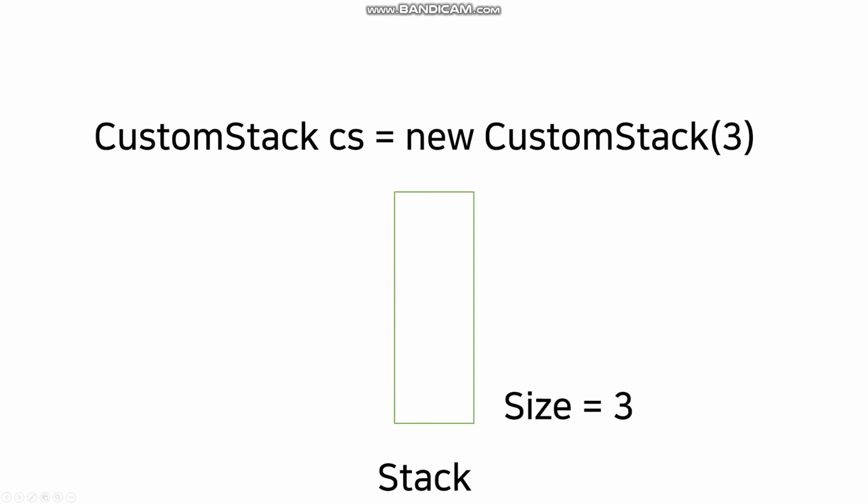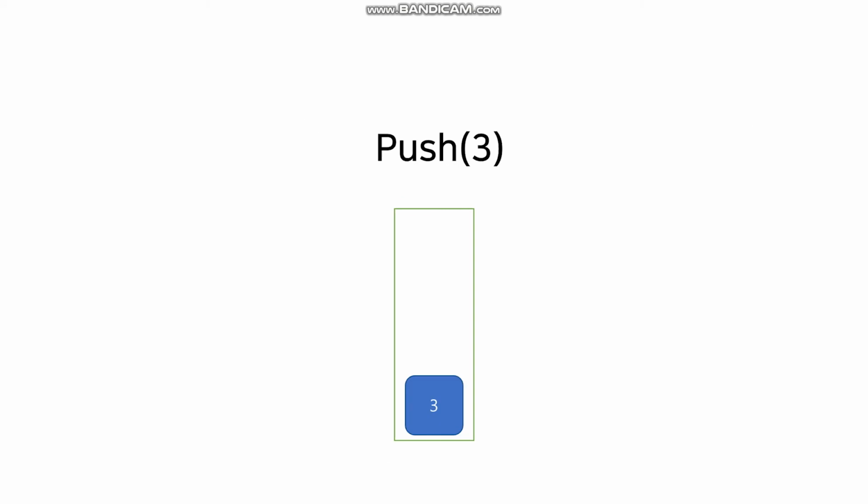Alright, then let's see the example. First, we're gonna initialize this custom stack with size 3. Then we're gonna push elements into the stack: push 3, 1, and 2. Because the size of the stack is 3, when we try to push number 4, it is already full, so we just pass this function.